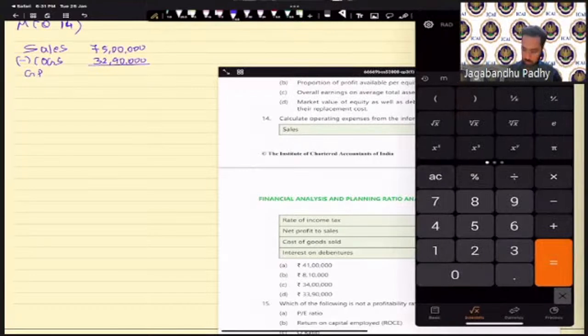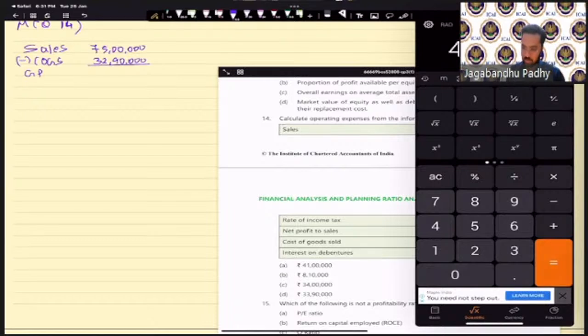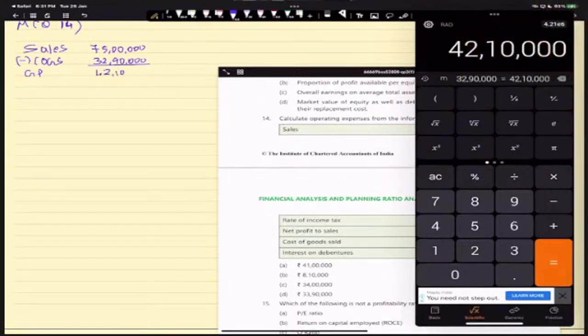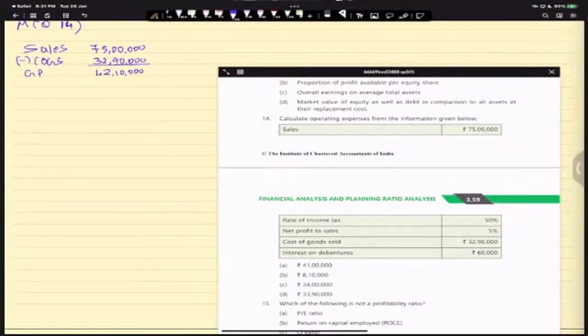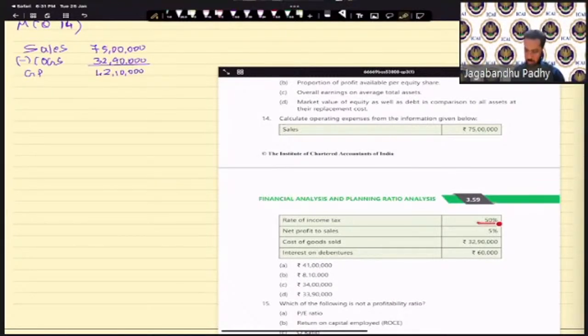So that gross profit will be 75 lakh minus 32 lakh 90,000, which is 42 lakh 10,000. Rate of income tax is given, net profit to sales figure is given, interest on debentures is also given. So from GP, we subtract our operating expenses. After subtracting the operating expenses, we actually get the earnings before interest and tax.